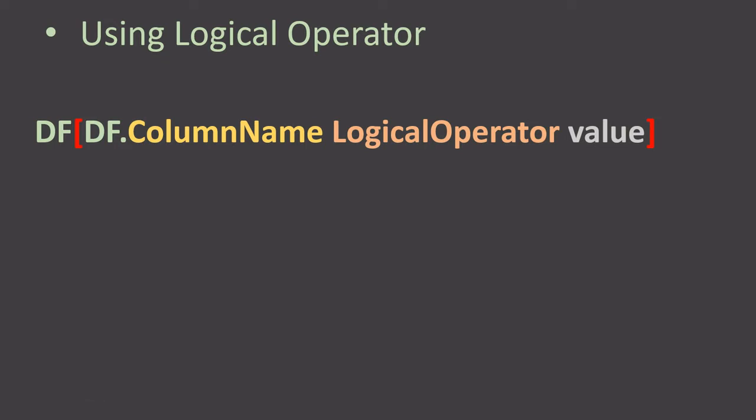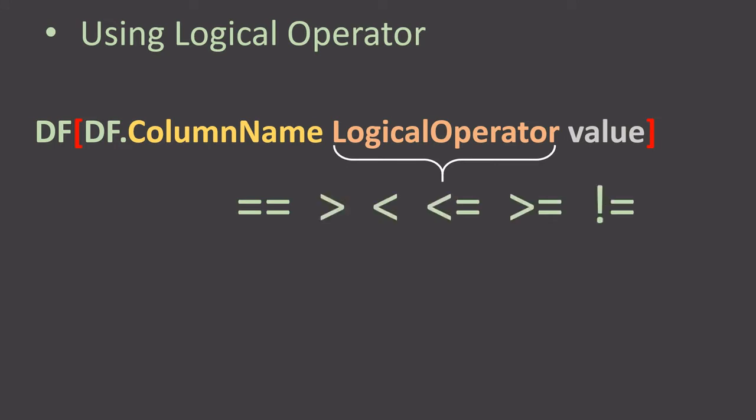What are the logical operators that we can use over here? These are these. You can use the equals to sign. In Pandas, when you want to say equals to, you have to provide two equals to symbols. If you provide one, that becomes the assignment operator.